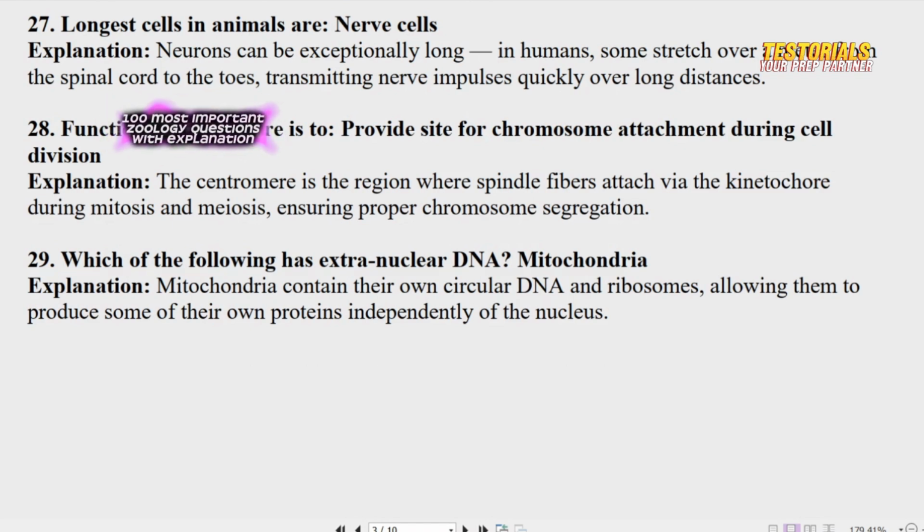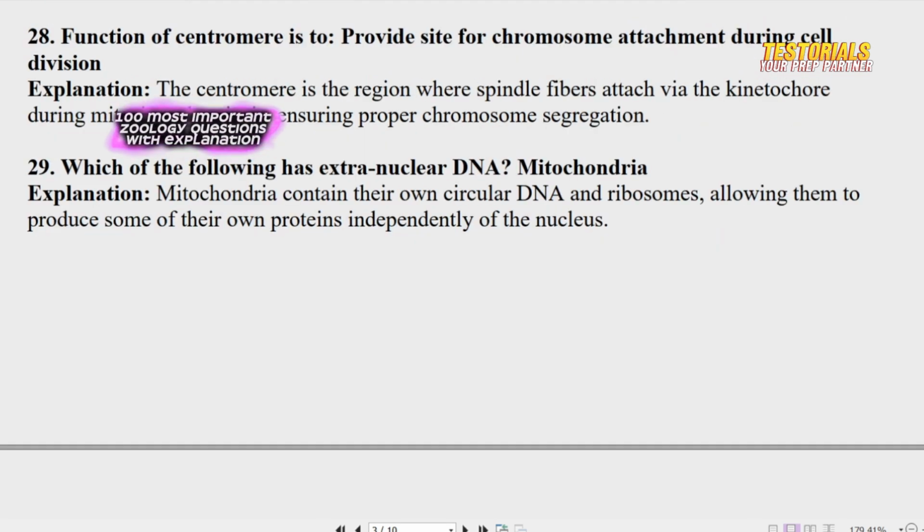28. Function of centromere is to provide site for chromosome attachment during cell division. Explanation: The centromere is a region where spindle fibers attach via the kinetochore during mitosis and meiosis, ensuring proper chromosome segregation. 29. Which of the following has extranuclear DNA? Mitochondria.